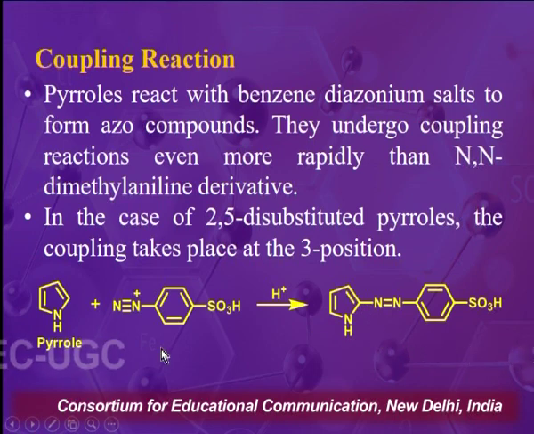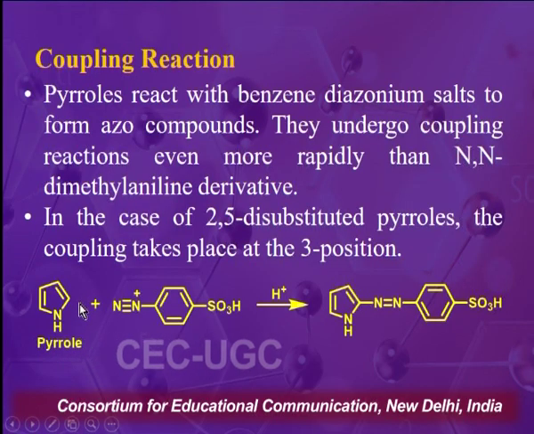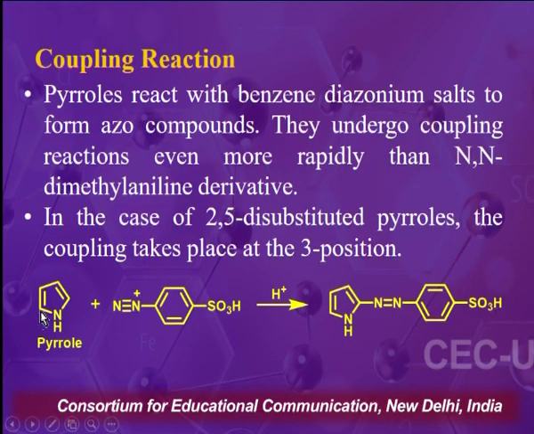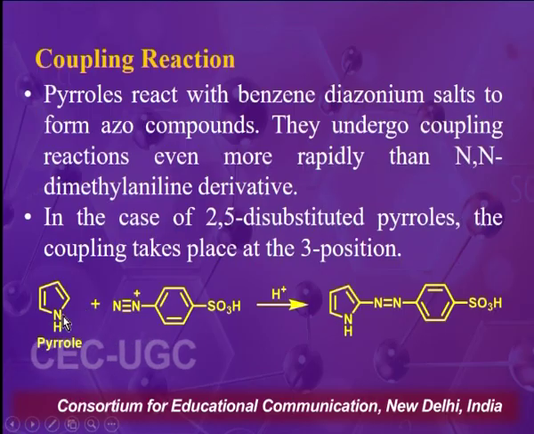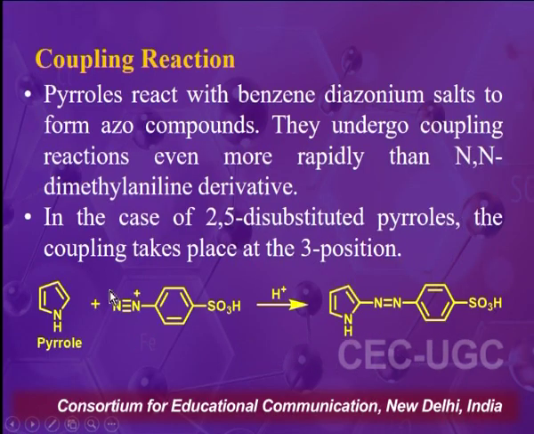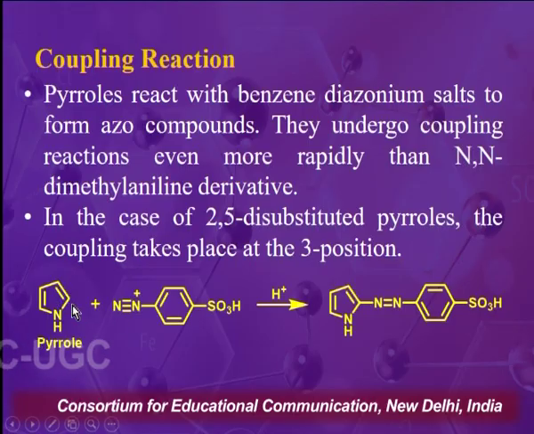In case the C2 position is already occupied, then the coupling takes place at the C5 position, and if both C2 and C5 positions are already occupied, then the coupling reaction takes place at the C3 position of pyrrole.